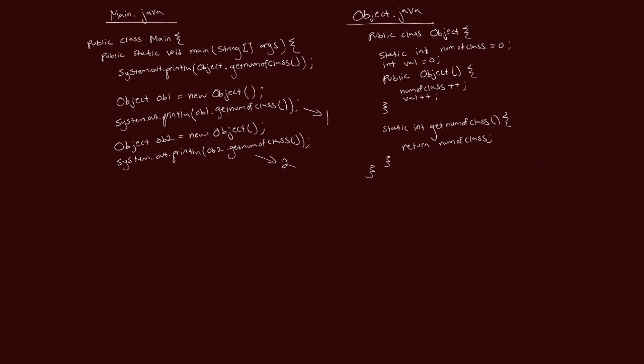Now I'm going to do another thing. Let me create a new file, public class A. In here I'm going to do int i is equal to 5 and static int k is equal to 2.